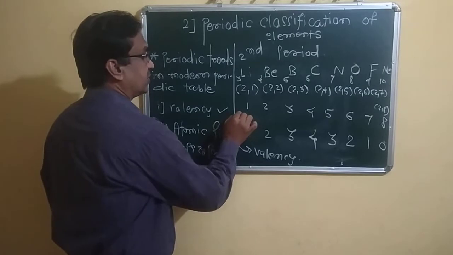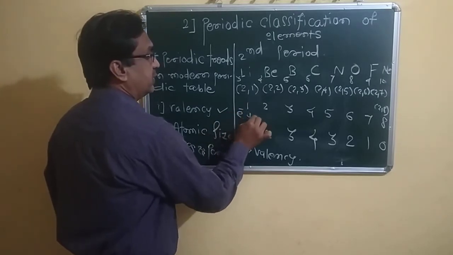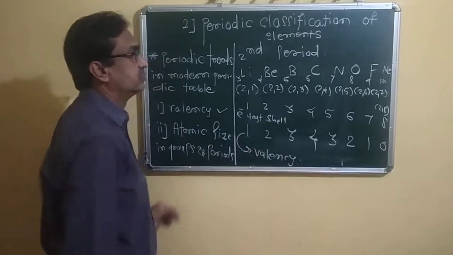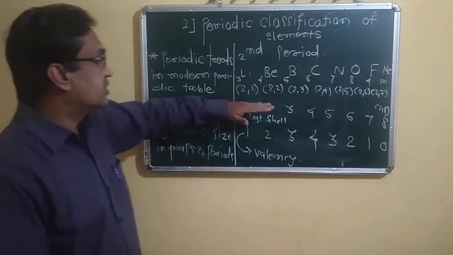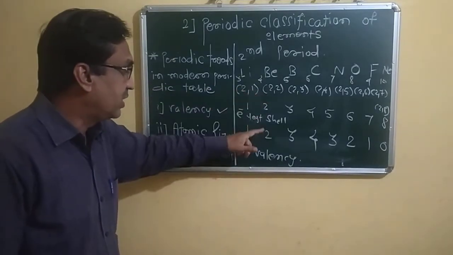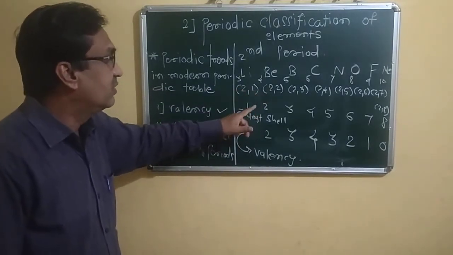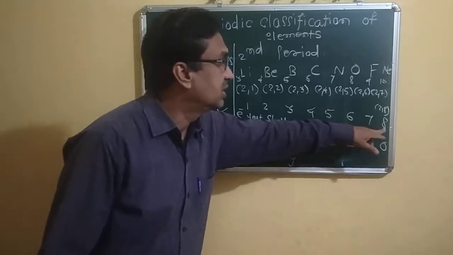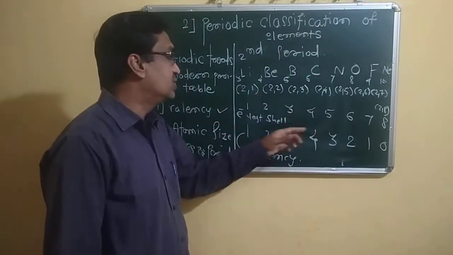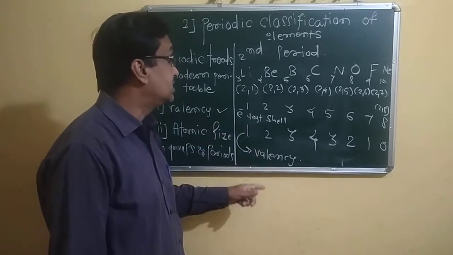These are the valence electrons, the electrons in the last orbit, last shell. From the last shell, from the electronic configuration, we can find the number of valence electrons present in the outermost shell, and according to this we can find its valency.